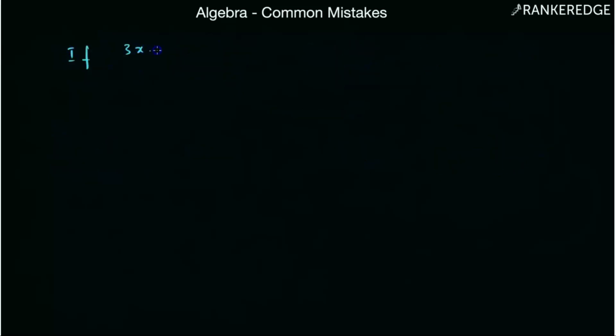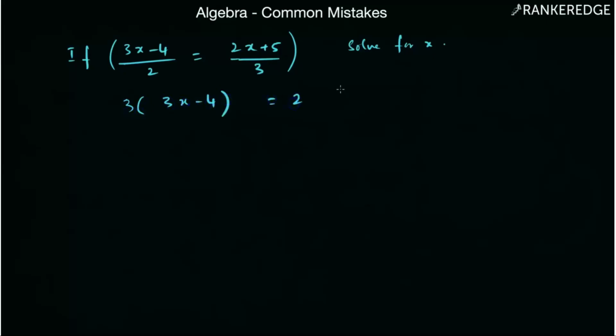Next, if (3x minus 4) by 2 is equal to (2x plus 5) by 3, all for x, then you cross multiply and say 3 into 3x minus 4 is equal to 2 into 2x plus 5.